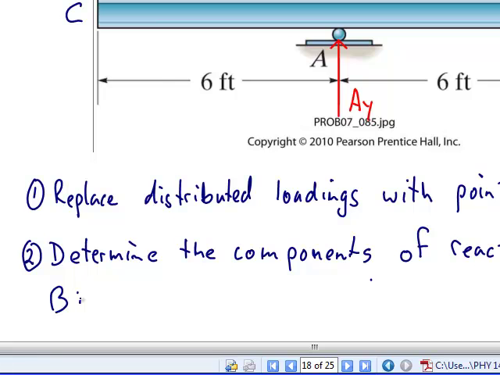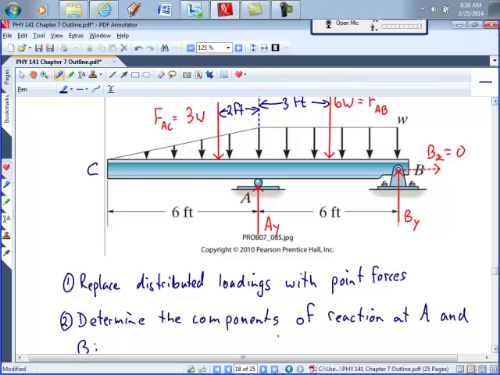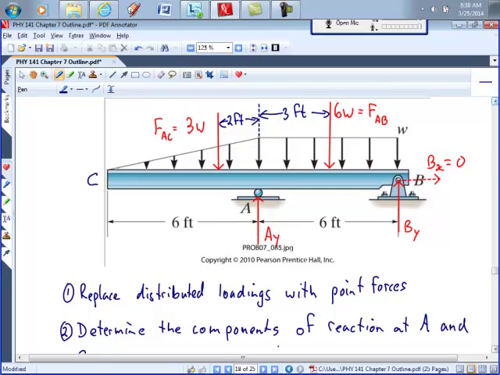All right. How are we going to do that? Equations of equilibrium. So we could start with a moment. We could do moments about A or about B or about C, but A or B is going to be easier because one of our unknowns will disappear. Which would you rather do? A? Sure, it doesn't matter.